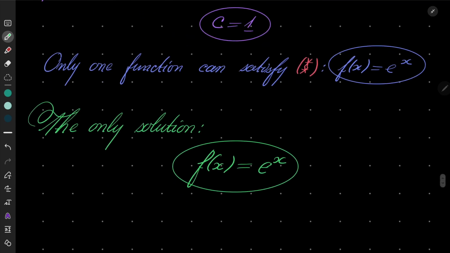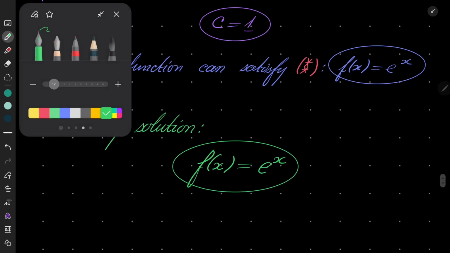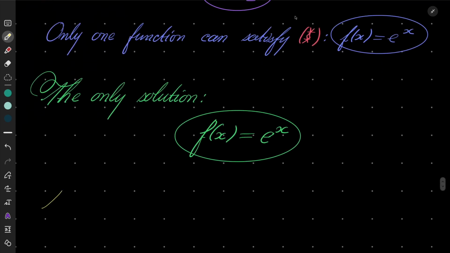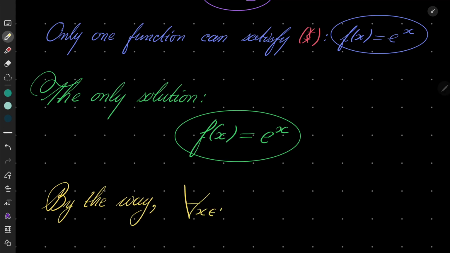Before you go, by the way, this inequality, namely that for every real x, e to the power of x is greater than or equal to 1 plus x, has a special name. You probably recognize this name.